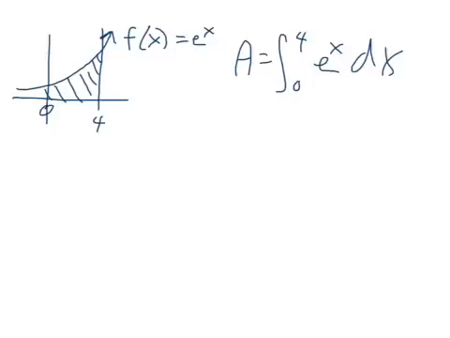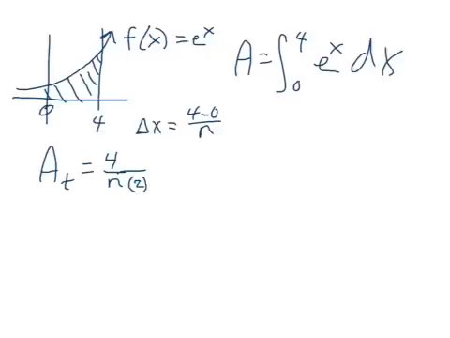So I will call the area under the figure A sub t for trapezoid. Remember our formula. The first thing we want to do is calculate delta x, and that is b minus a, which is 4 minus 0, over n. So that's going to be 4 over n here. Also, remember trapezoid rule has an extra 2 down there.